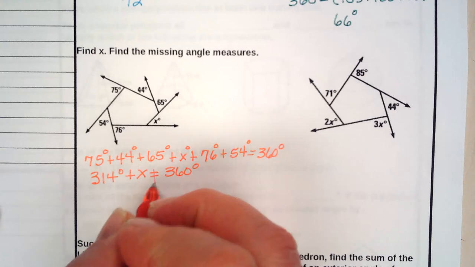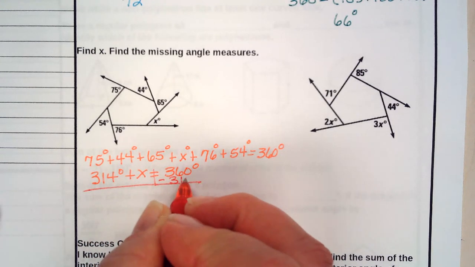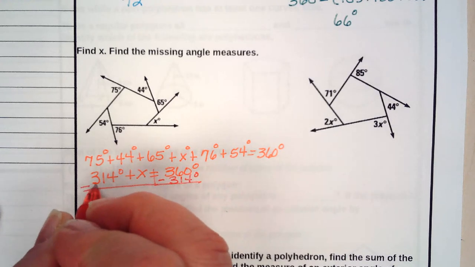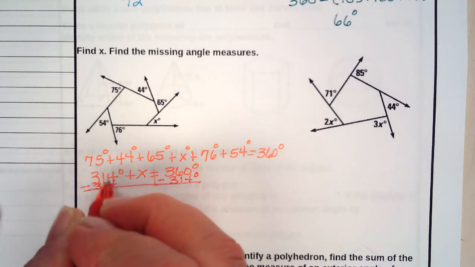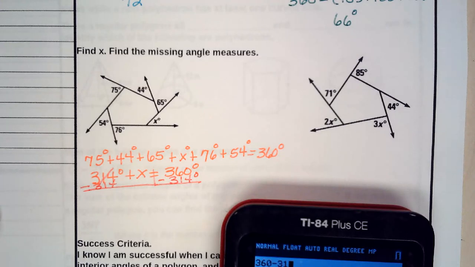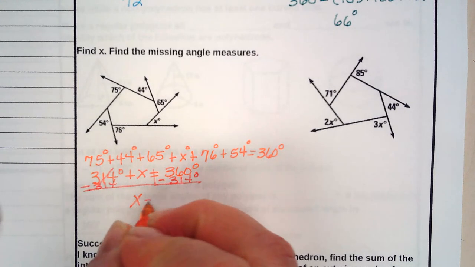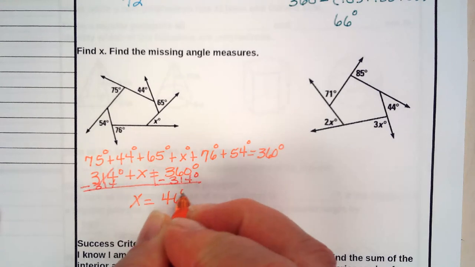Well, I'm going to subtract 314 from both sides. I've eliminated it here. 360 minus 314, and I get 46 degrees. So x is equal to 46 degrees.